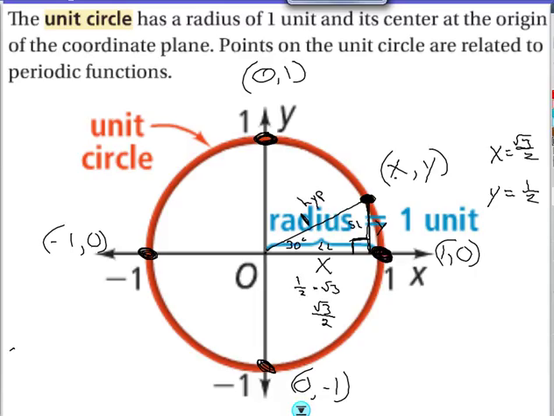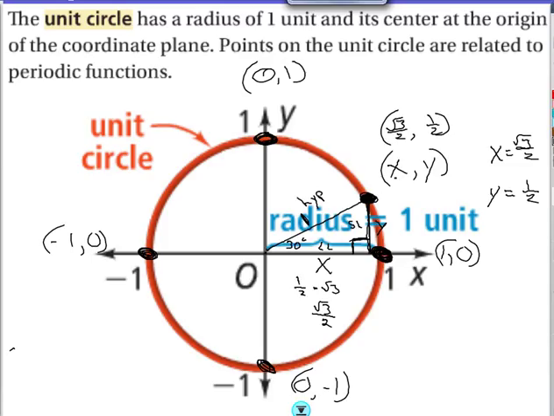Does that make sense? Which means the coordinate of this point is square root of 3 over 2, 1/2. Unit circle, you can fill something in. We can fill in the 30-degree angle, and we can fill in the coordinate of the point. Now there's another blank that's there that we're not going to fill yet.